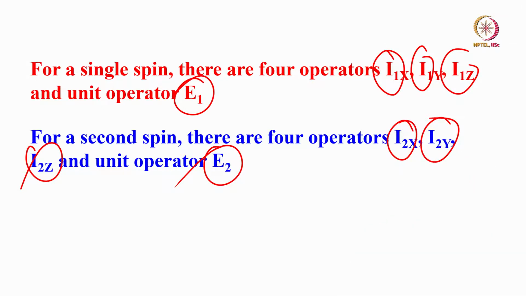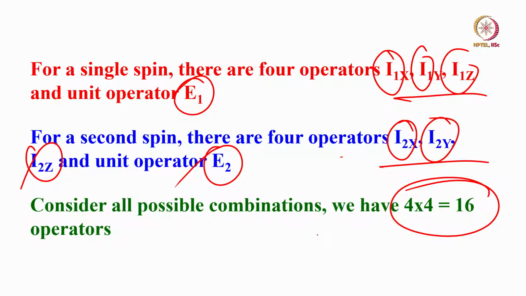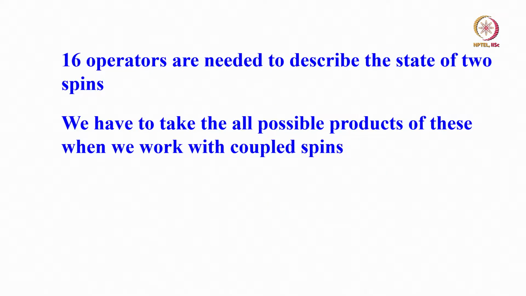Now when 2 spins are interacting, we consider all possible combinations. We have 4 operators for spin 1 and 4 for spin 2, so 4 times 4, 16 operators. The 16 operators are needed to describe the state of 2 spins completely.